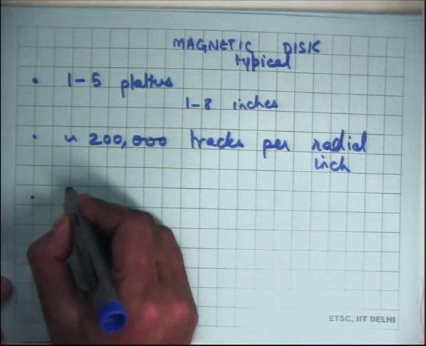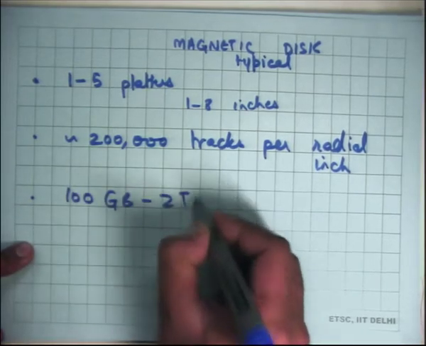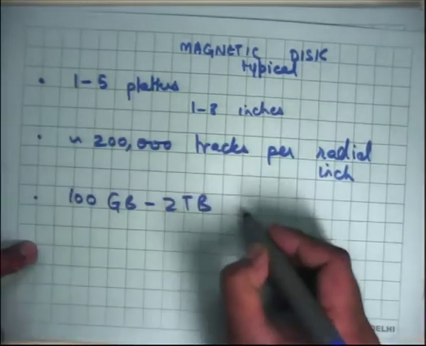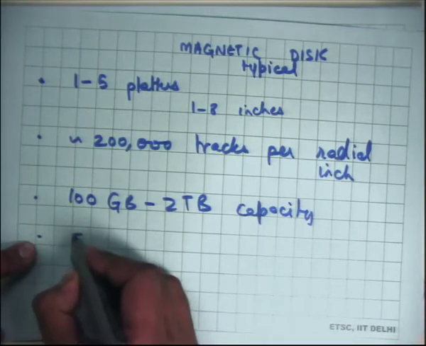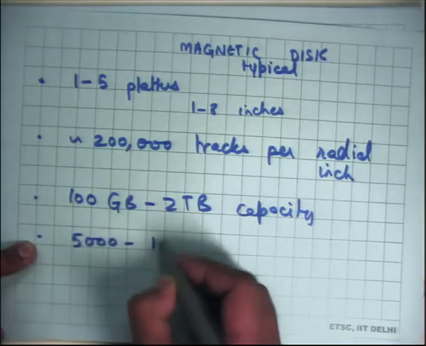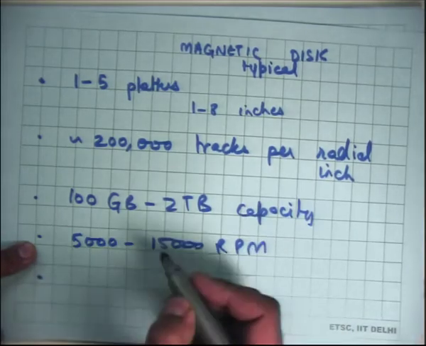Today you can buy a disk with 100 GB to 2 TB storage capacity, right. We have already seen the rotational speeds. They are 5,000 to 15,000 RPM, all right.